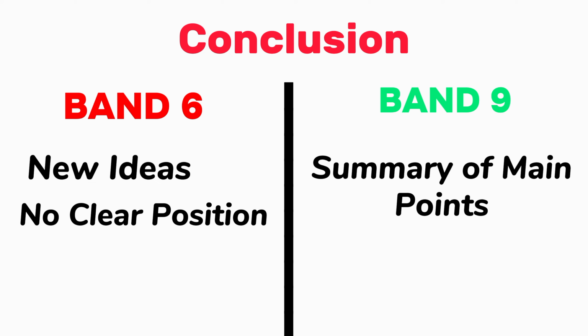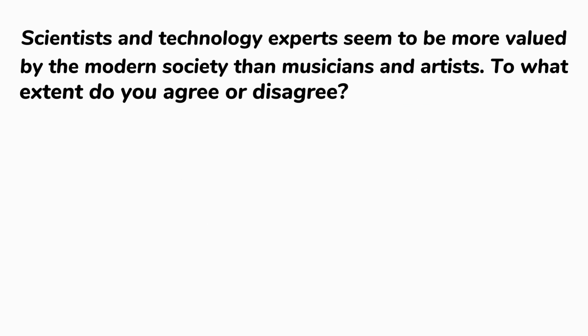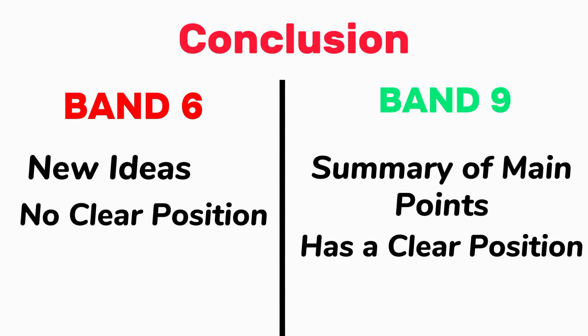He clearly states whether he agrees or disagrees, and he has a defined position with a reason. For instance, in this essay, he doesn't only describe why scientists and technology experts are valued more, but he also describes in the conclusion, in a single sentence, why musicians and artists are not valued as much. This is the conclusion of a band 9 student.